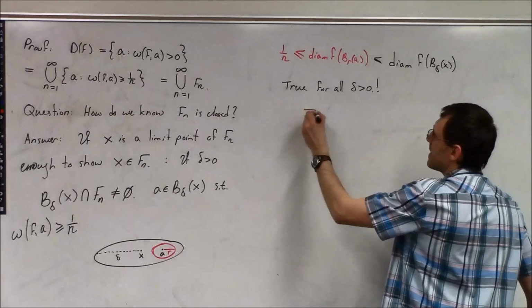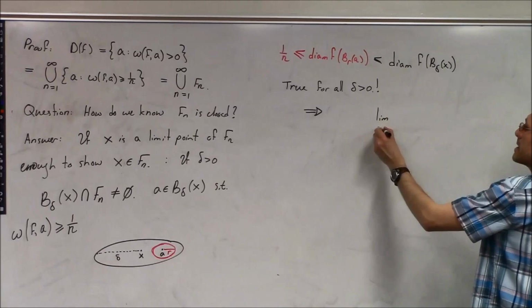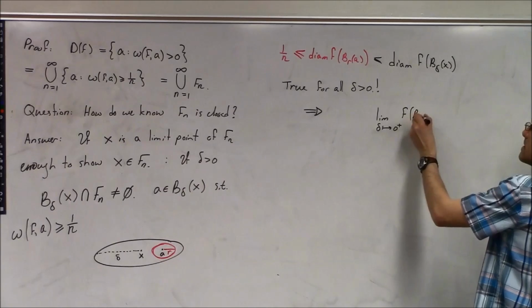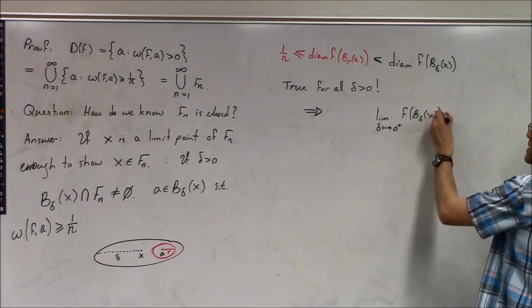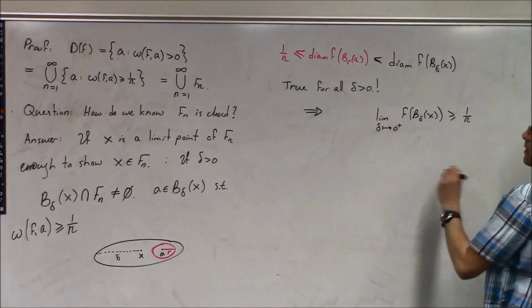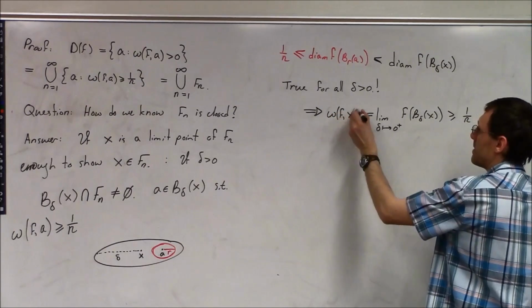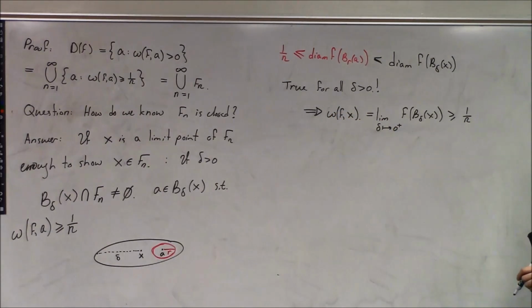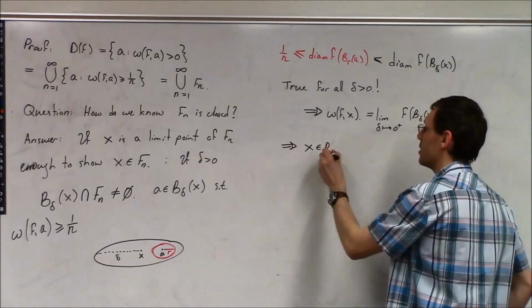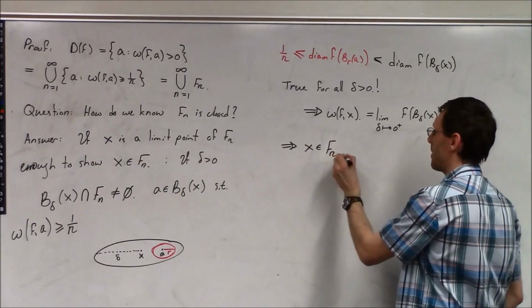And that implies that the limit as delta goes to 0 of the diameter of the image of the ball of radius delta around x is bigger than or equal to 1 over n. And this is just the oscillation of f at x. So it's also of the same type. That implies that x belongs to Fn. The proof is complete.